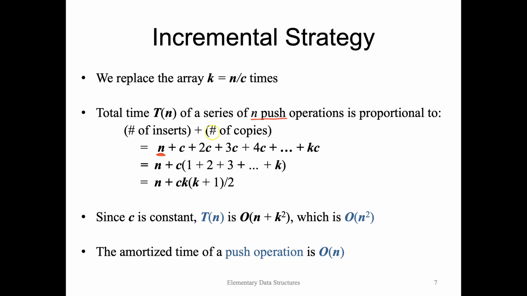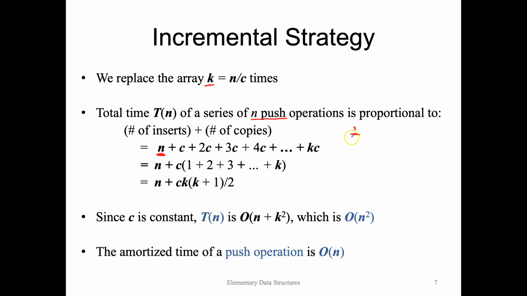So let's suppose for the moment that we replace the array k times. We'll see why this is equal to n over c in a moment. But let's just say we have to replace the array k times. And remember, we started off with an initially empty array. So first we have nothing initially, and then the first time we have to replace this array, it's because of our first push. So we create a new array of size 1, and we place this item here.